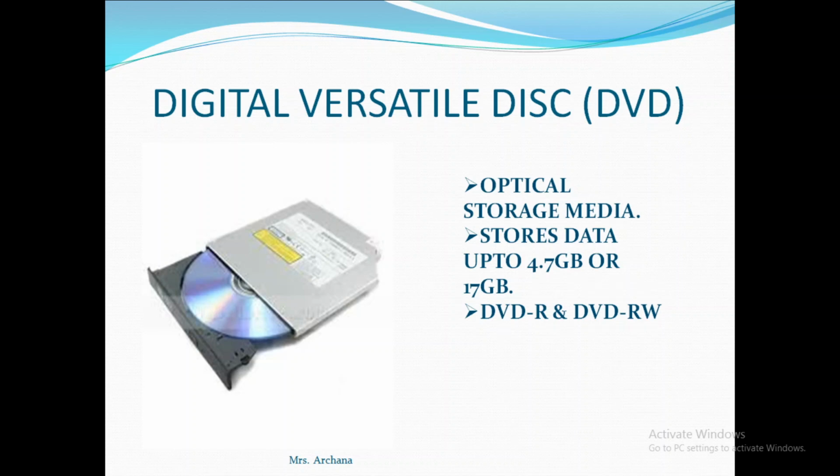It is also of two types, that is DVD-R and DVD-RW. The function is also the same. In DVD-R we can write once, that means we cannot erase it, but in DVD-RW we can rewrite. That means the previously present data we can erase and new data we can record.